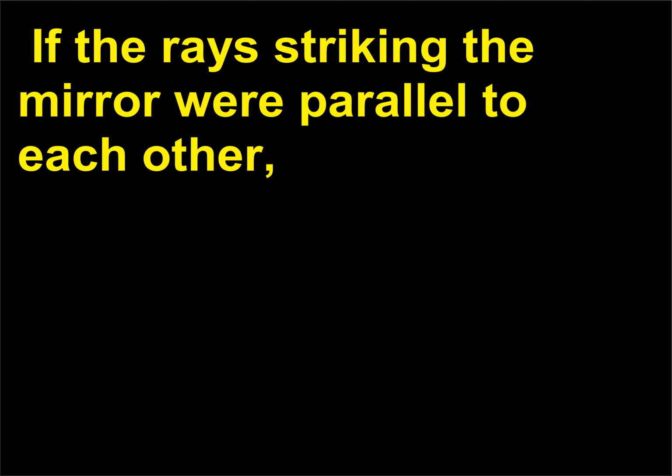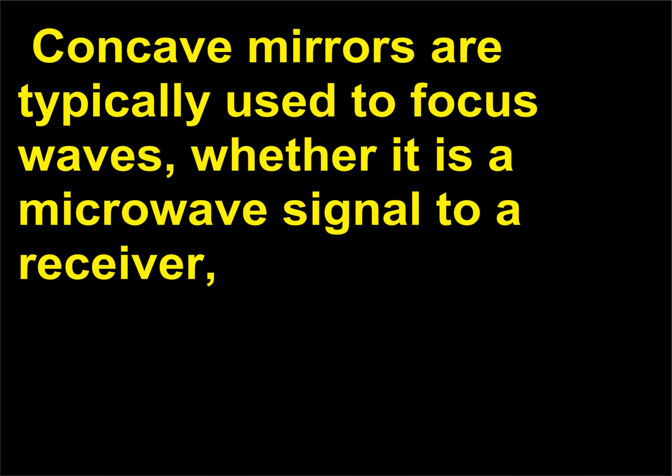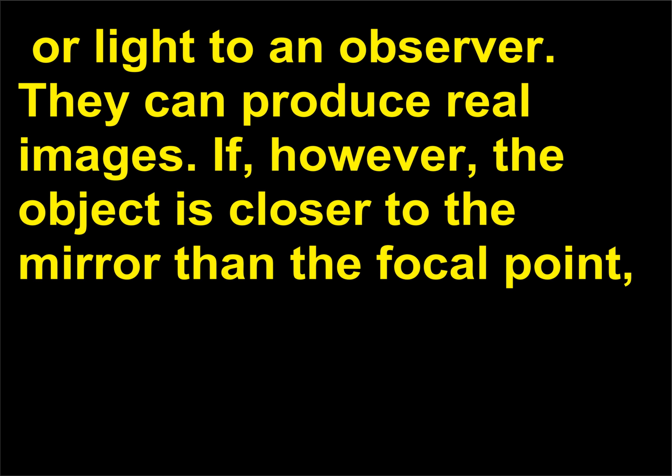If the rays striking the mirror were parallel to each other, as they would be from a distant source, then the reflected rays converge at the focal point. Concave mirrors are typically used to focus waves, whether it is a microwave signal to a receiver or light to an observer.